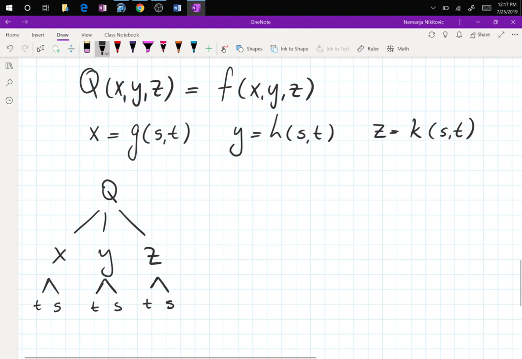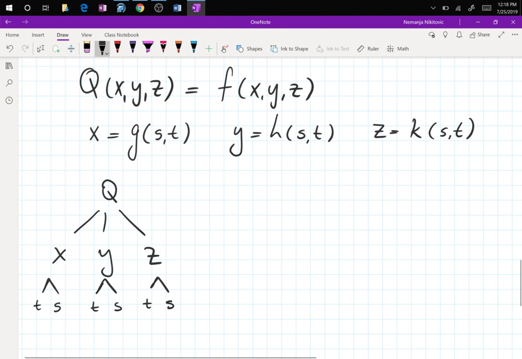So now this tree branches more. So these variables would impact z and y and then x, and then x, y, z would impact function q, which gives us the final state, right, as you go up the ladder.